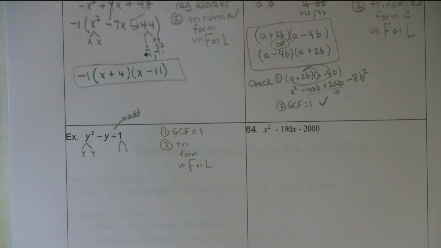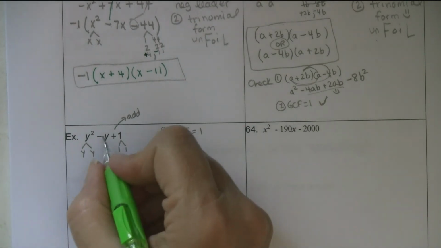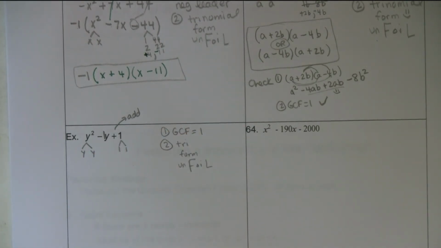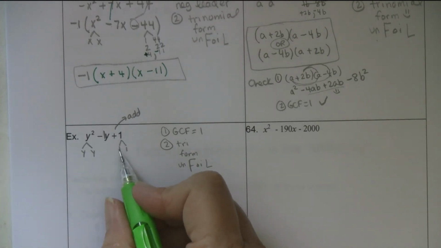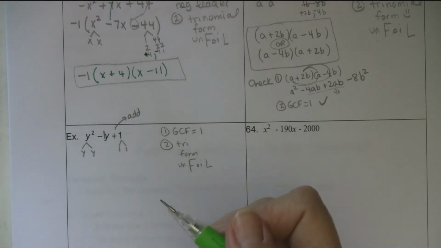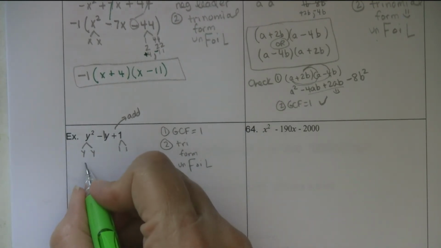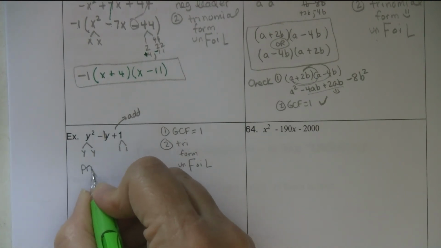Because when I try to add to get the middle, over here is 1. And that's the number, right? I know it's Y. But the number is 1, and so am I getting 1 when I add these? No, 1 plus 1 is 2. And there's no other way of making two things that multiply together to give 1, two whole numbers. And so this is prime. It just doesn't work.